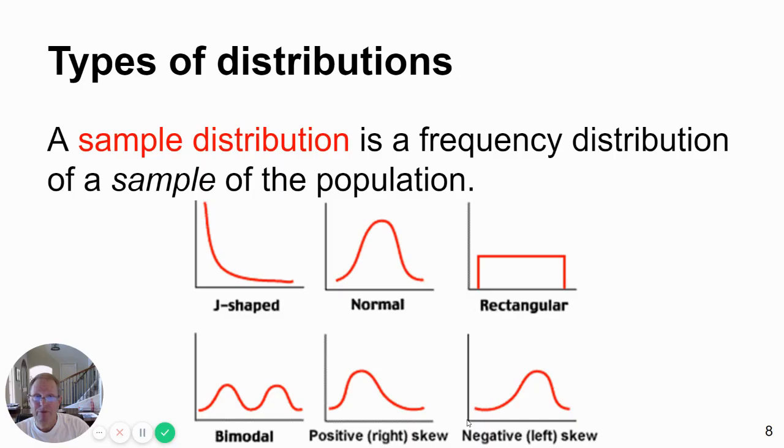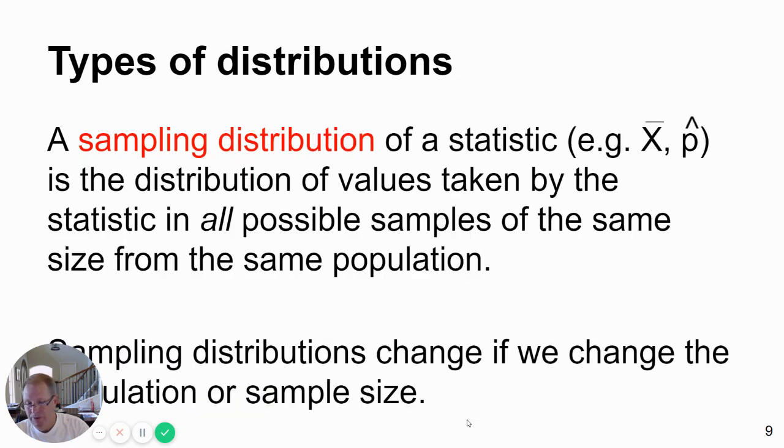A sample distribution is a frequency distribution of a sample, and it too can have many different shapes. You shouldn't be surprised to know that the sample distribution and the population distribution often have pretty much the same shape.